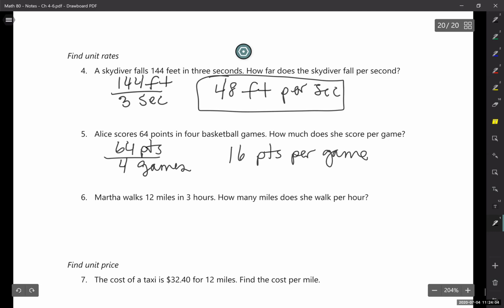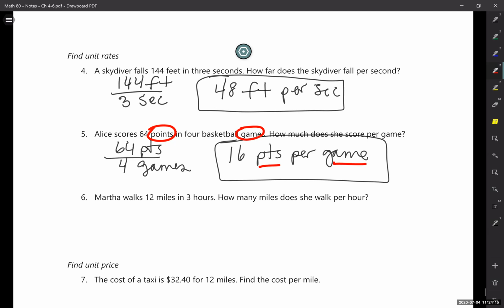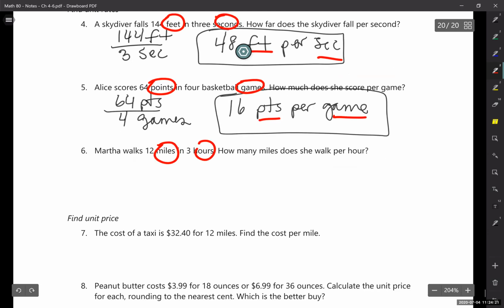So we have both units, I guess you could call games units. We have both units that were given in the problem stay in my answer. Over here I had feet and seconds, and so I have feet and seconds in my answer. Finally, miles and hours, so I'll have miles per hour in my answer.